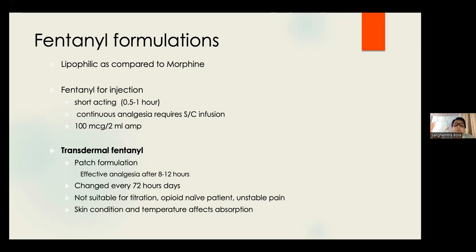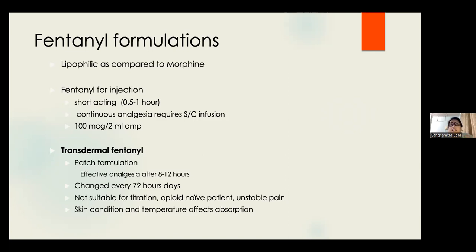It generally forms a depot underneath the skin, and effective analgesia occurs only after 8 to 12 hours. Hence, when we advise fentanyl, or escalate, or change from morphine to fentanyl, we have to take into consideration that effective analgesia after giving the fentanyl patch would occur only after 8 to 12 hours.